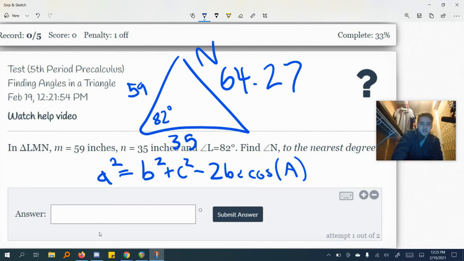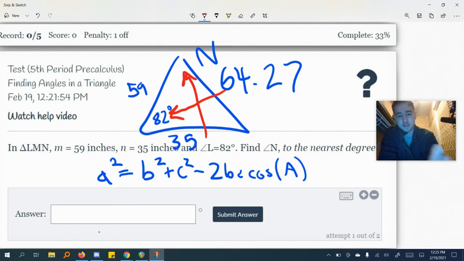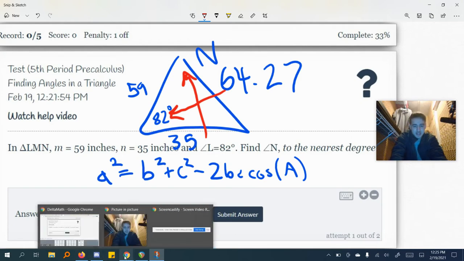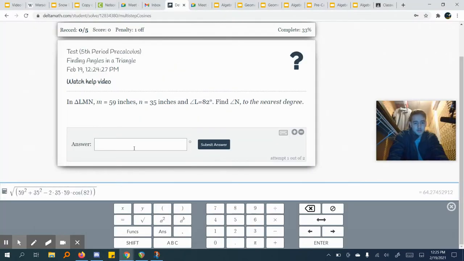Now we need to use law of sines to show that 64 point whatever over sine 82 is 35 over sine N. So we need to divide this by the sine of 82.